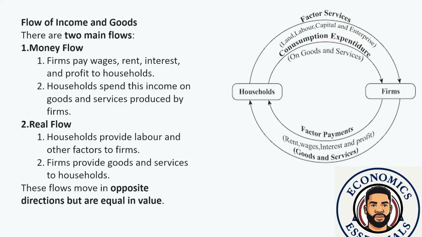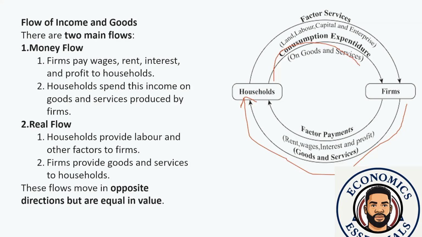Now, the flow of income and goods are also in two ways. We have money flow and we have real flow. The money flow of income is the wages that is paid to the household. Whereas household spends this income they received on goods and services.